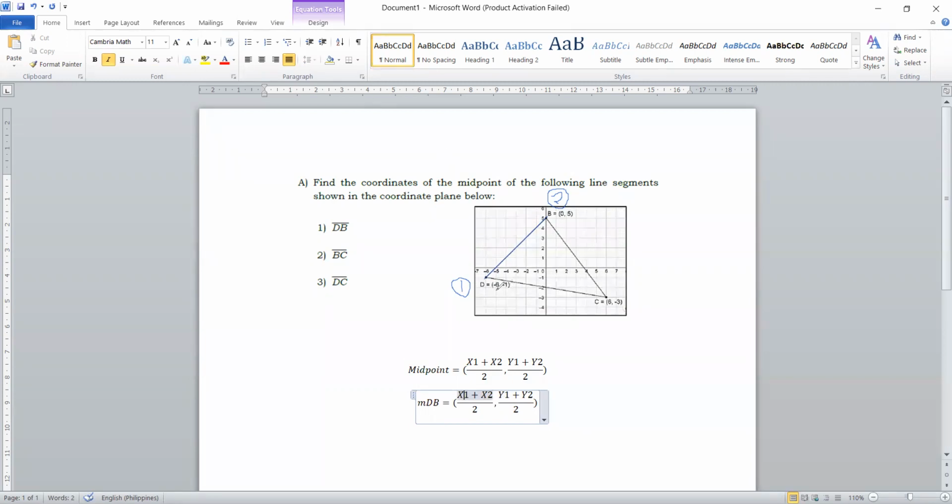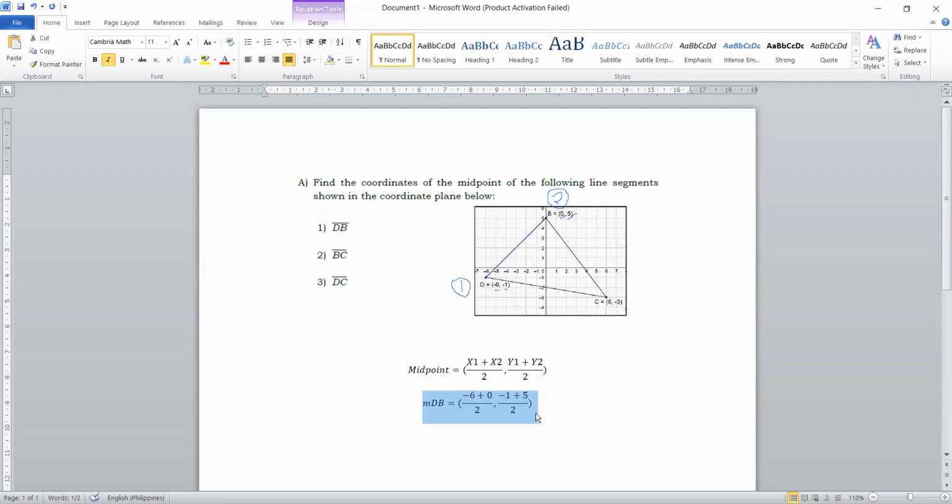So what's x1? Your x1 is negative 6 and your x2 is 0. So that's negative 6 plus 0. Next, you have there y1, negative 1, and y2 is 5.